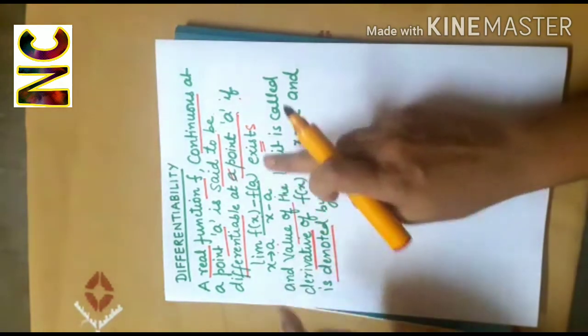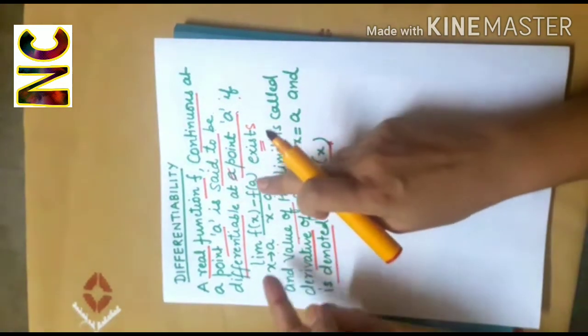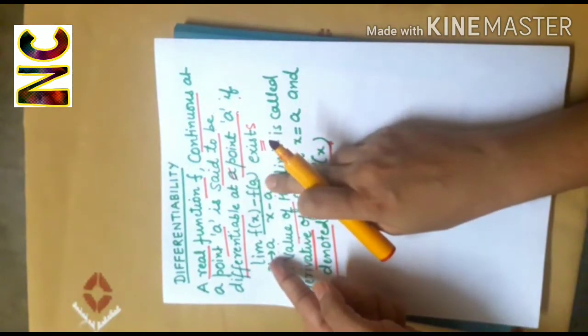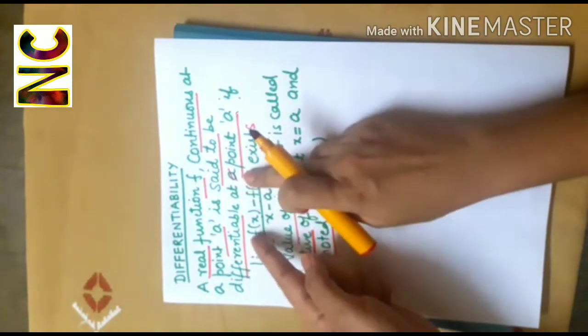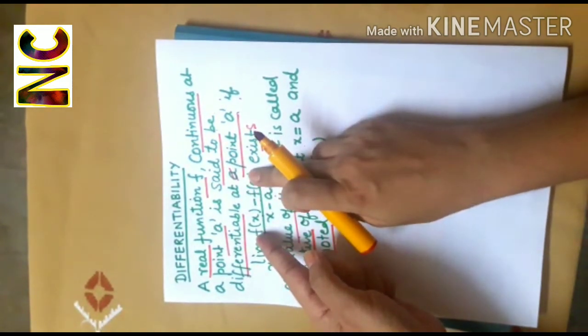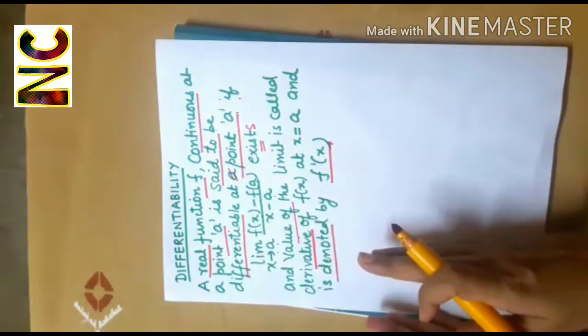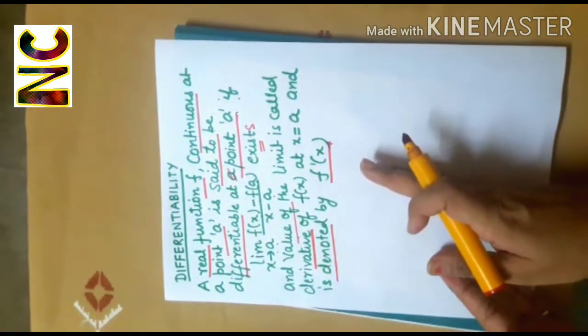Now, the function is differentiable if this limit exists. Now, we know that the limit of a function exists if the left hand limit is equal to the right hand limit.